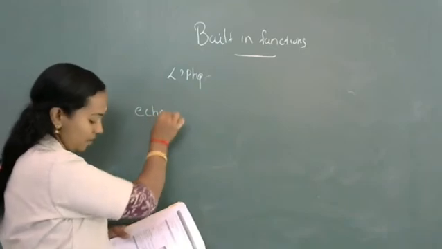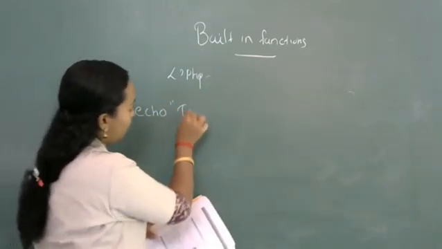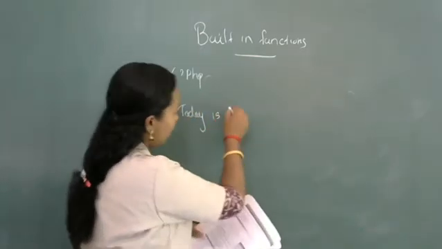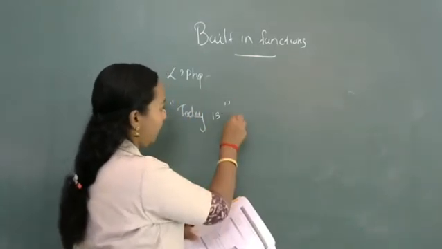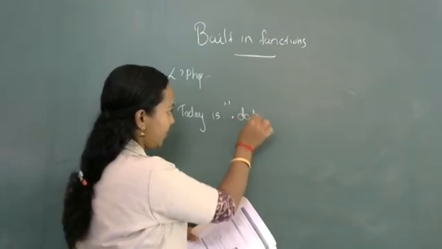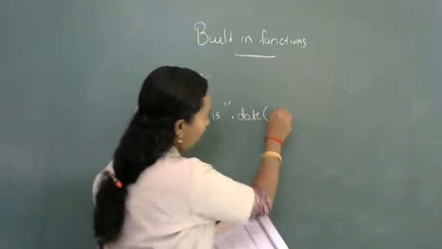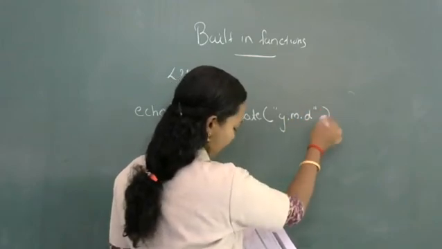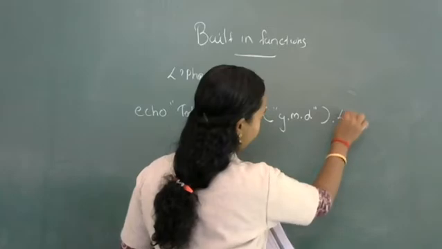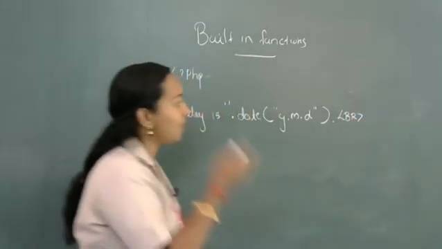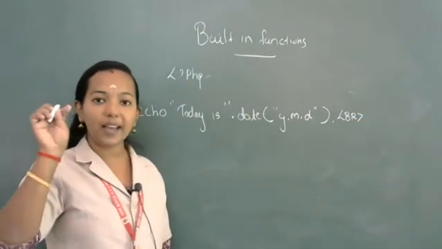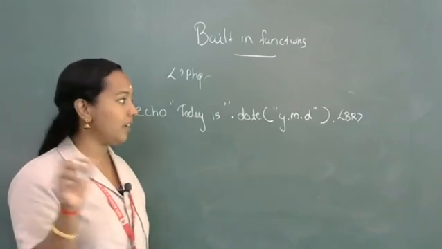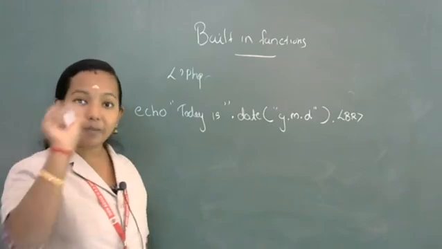Echo "today is", dot, date of Y dot m dot d, dot, br. So this is the first format. In the first format I am using dots for separating year, month and date.